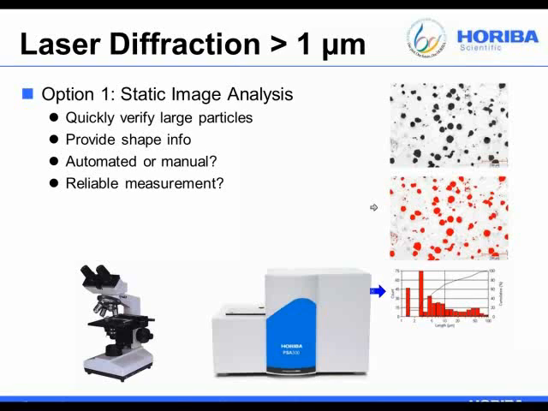You need to be careful here because any technique that's measuring particles individually by default will be delivering that information on a number-based distribution, whereas laser diffraction and DLS are not number distributions. Laser diffraction by default is a volume-based distribution, and DLS by default is a scattering intensity distribution. So I'll have some slides in a bit to talk more about that.